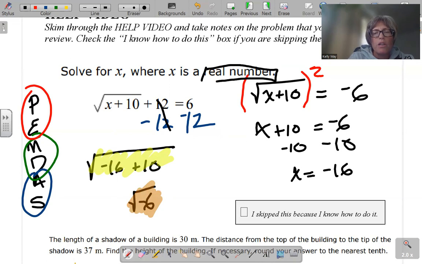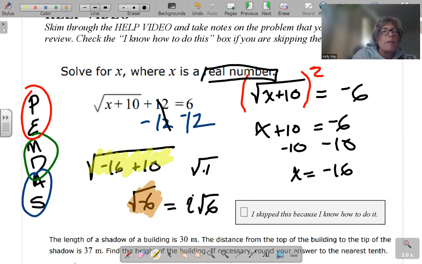And notice we're limited to what's called real numbers. So you cannot square root -1 because any number times itself is automatically positive. So technically, the square root of -6 is this notation. It's an imaginary number times root 6.